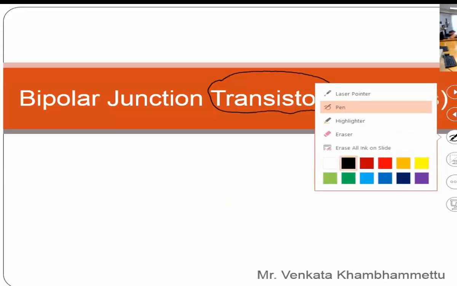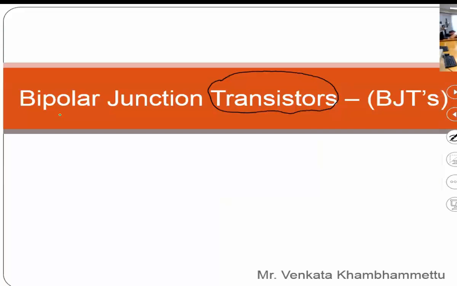To know why it is bipolar, you may need to wait for some time. So there are various types of transistors. BJT is a very basic type of transistor. In fact, this is the very first transistor that got invented.